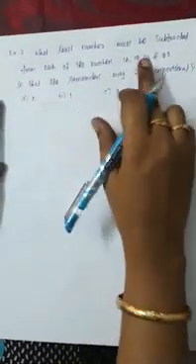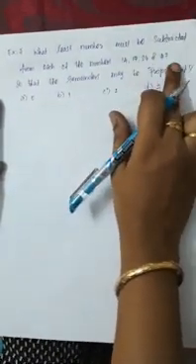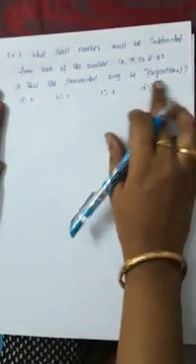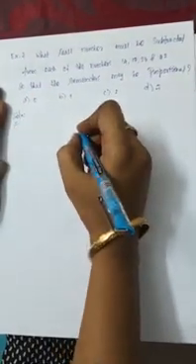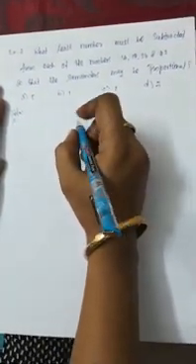What least number must be subtracted from each of the numbers 14, 17, 34 and 42 so that the remainders may be proportional? Let the required number be x.